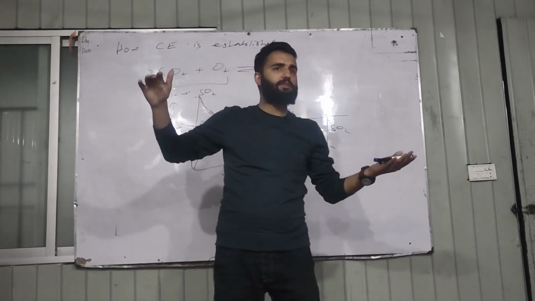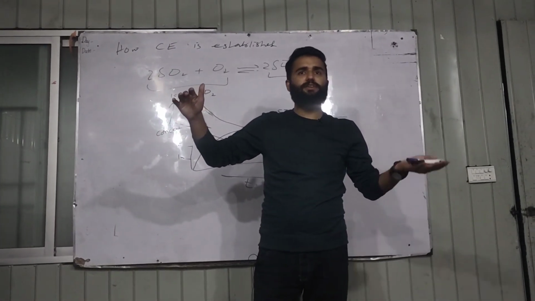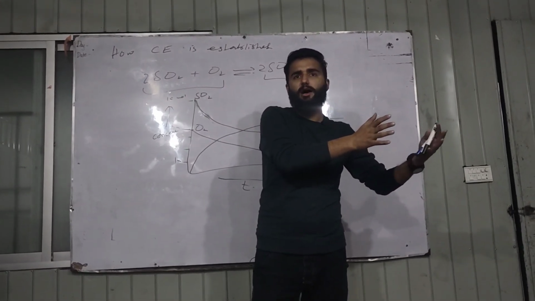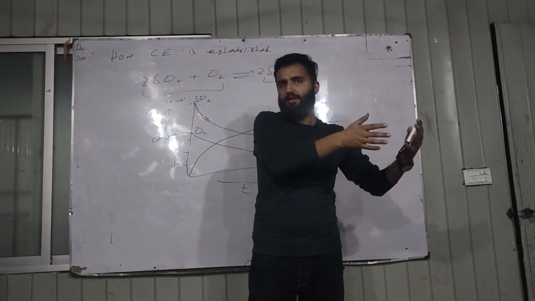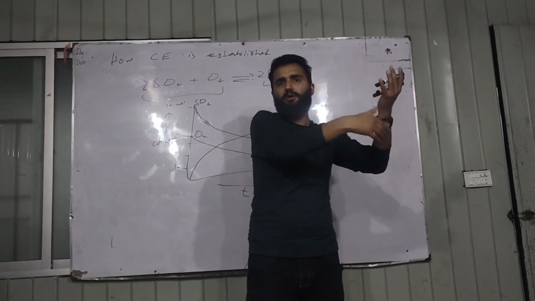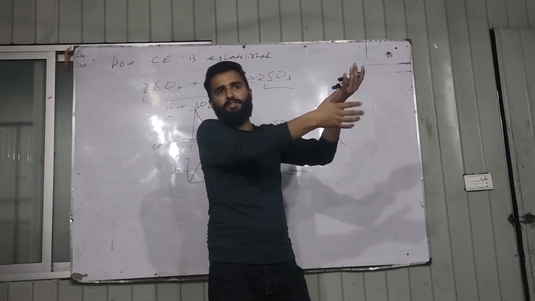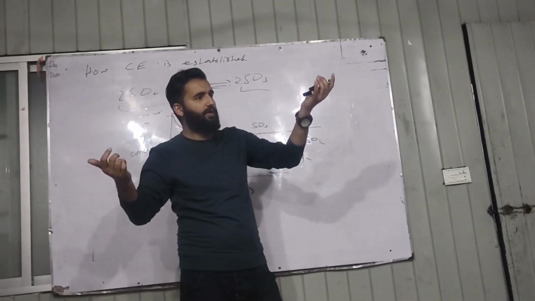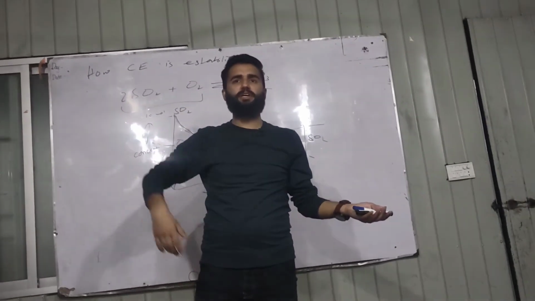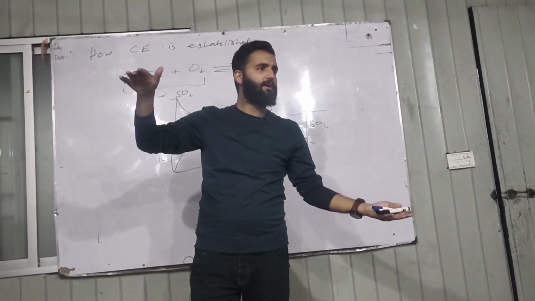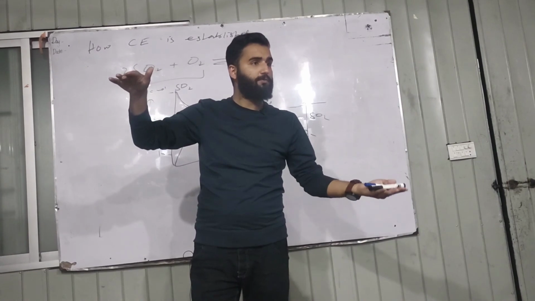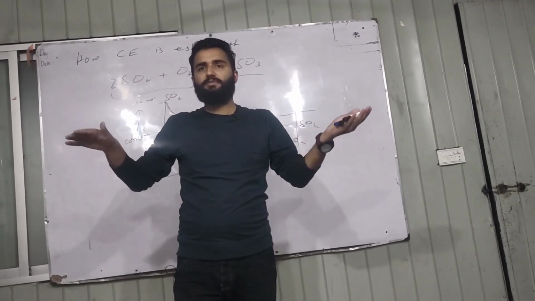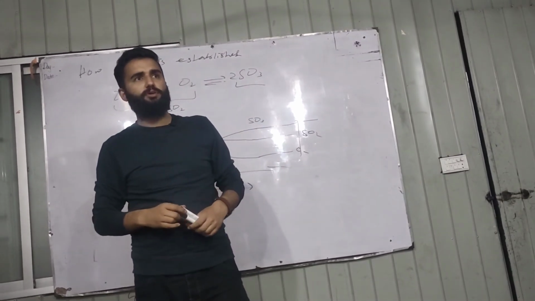At the same moment the rate of backward reaction increases, because some sulfur trioxide is formed and reacts to produce sulfur dioxide and oxygen. The rates of both reactions become equal to each other.